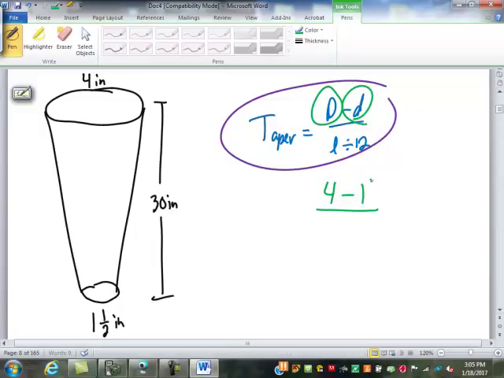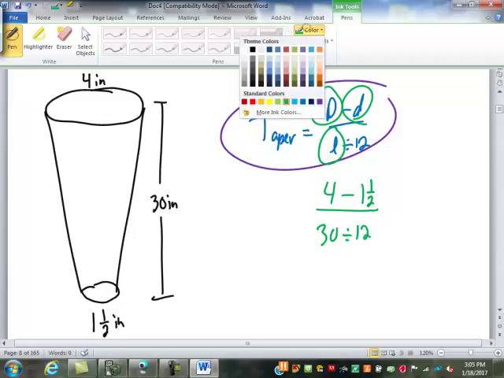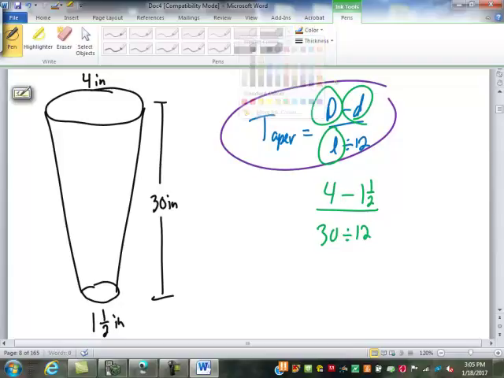What goes in for L? 30. And of course, the 12 is still a 12, so divided by 12. So then our first step is to do what? 4 minus 1.5, which is? 2.5. Good.